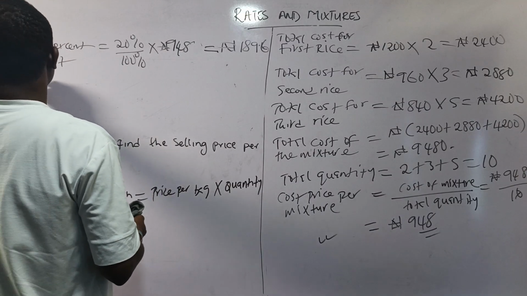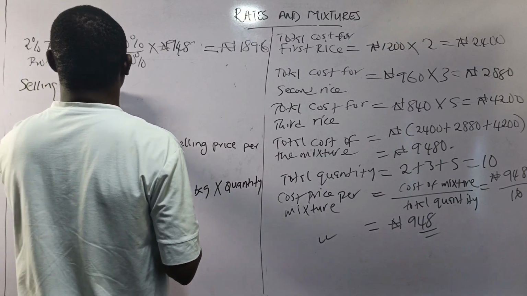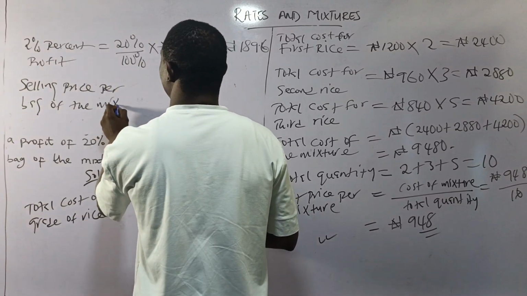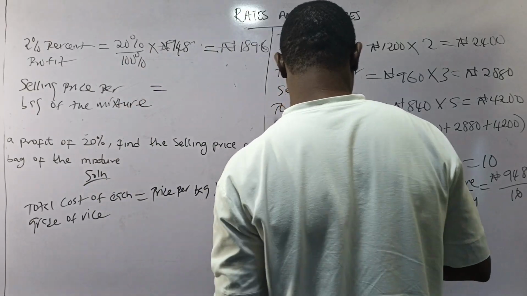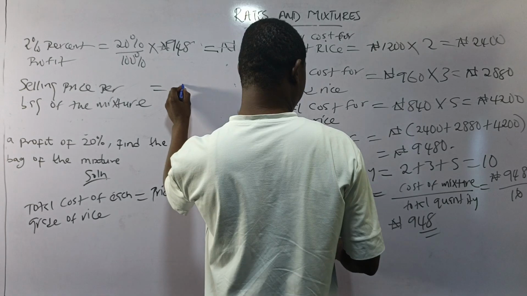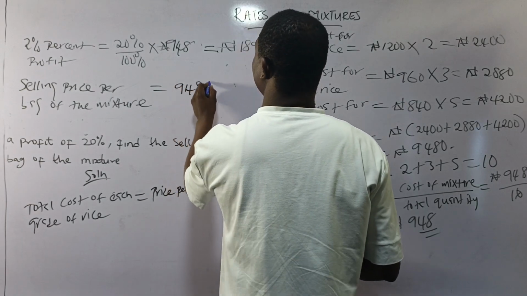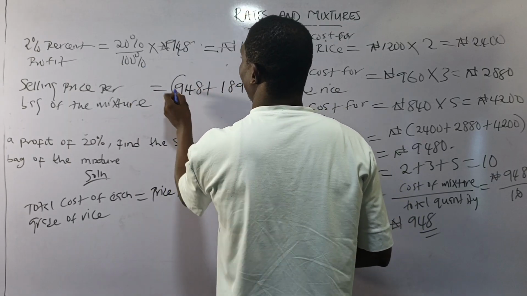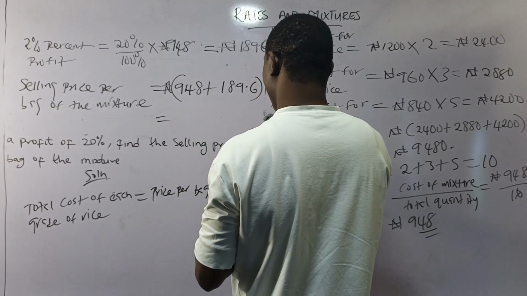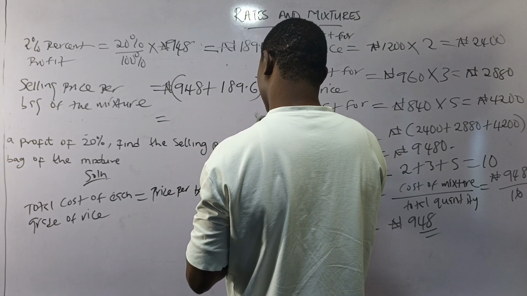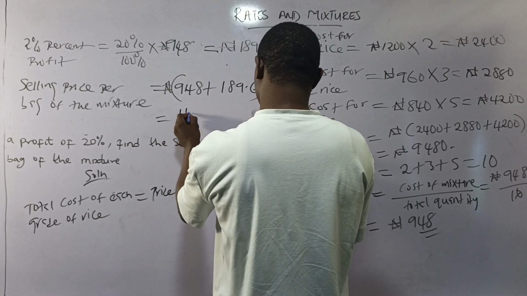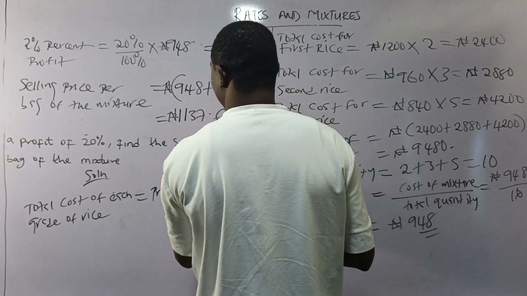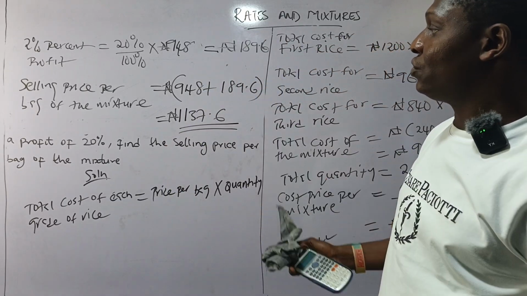So selling price per bag of the mixture will be equal to cost price per mixture, which is 948, plus 20% profit, which is 189.6, all in naira, which gives me 1,137.6, which is 1,137 naira 60 kobo. This is our final answer to this question. Thank you.